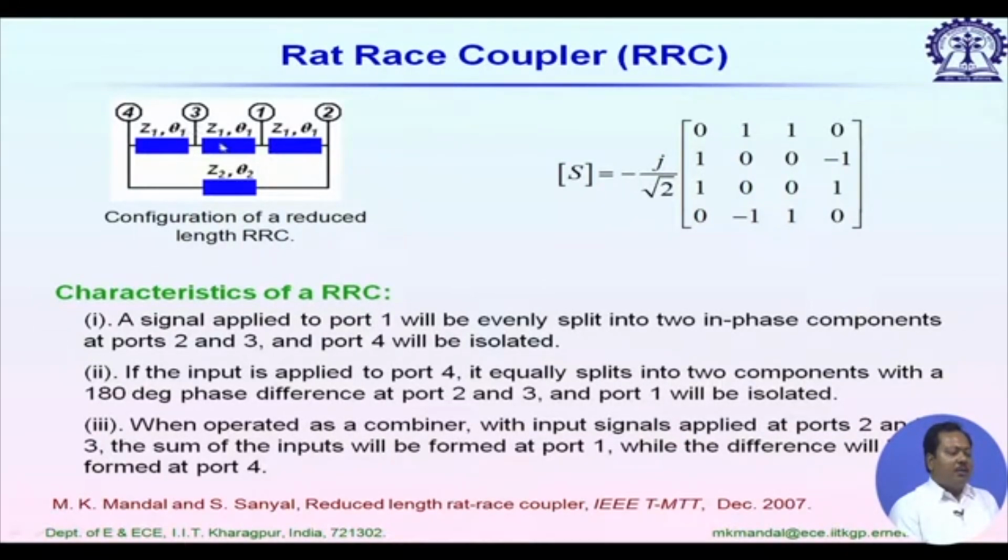So, power is equally divided with the same phase. Now, you consider for example, S42 and S43, we have minus 1 and plus 1 multiplied by minus j by root 2. So, magnitude is the same, but they are out of phase.